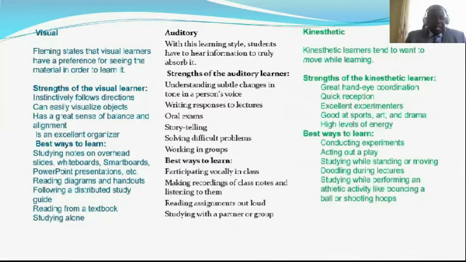They're very good at visualizing objects, they have a great sense of balance and alignment, and they're excellent organizers. So what is the best way they can learn? They study the notes on overhead slides, whiteboards, matboards, presentations, reading diagrams and handouts, textbooks, and they are very good at studying alone.